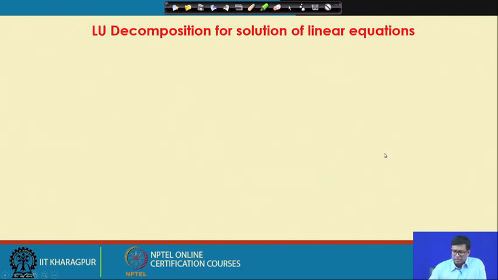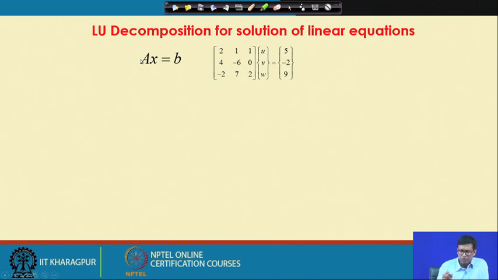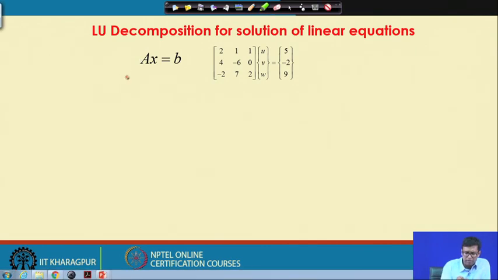Now, we will see what the applications of LU decomposition are, and LU decomposition can be utilized for the solution of systems of linear equations also. For example, I have Ax is equal to b, which is the equation presented here, and A can be decomposed into A is equal to LU.